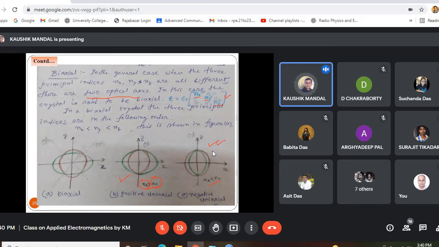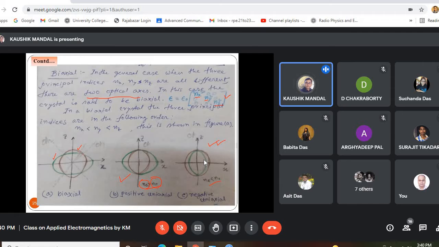Now, as it consists of three different refractive indices as well as two optical axes, so what about the normal surface? For the biaxial crystal, it will consist of two ellipsoids. One is this one, another is this one.